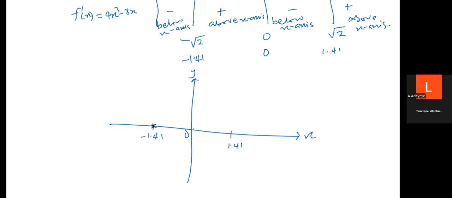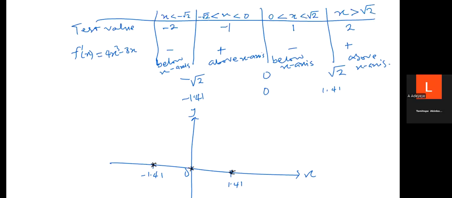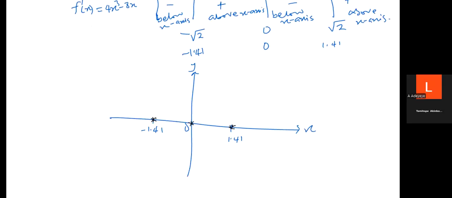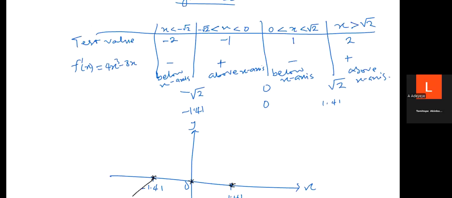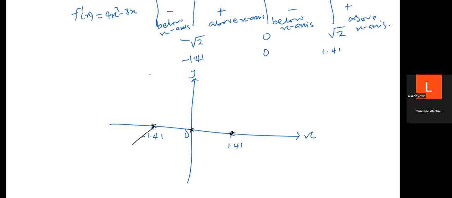So from the sign table, we said the line is going to be below. So you're going to have this. Then from minus root 2 to 0 is going to be above. So the line will come this way.